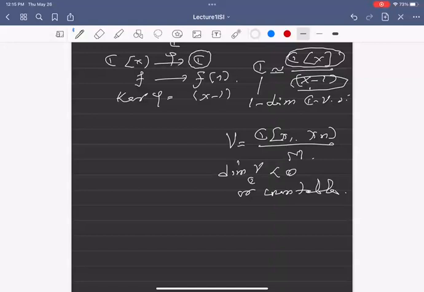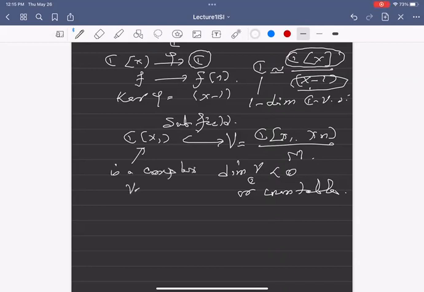But it contains C(x1), the field of rational functions. This is a subfield. And this is also a complex vector space. So C(x1) is a subspace of a vector space which is either finite dimensional or countable dimension.